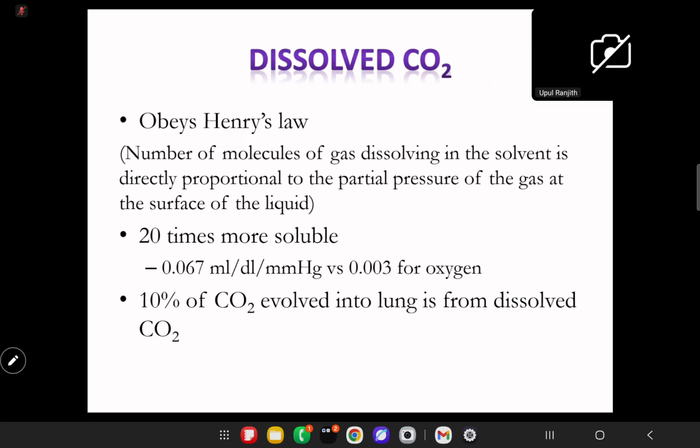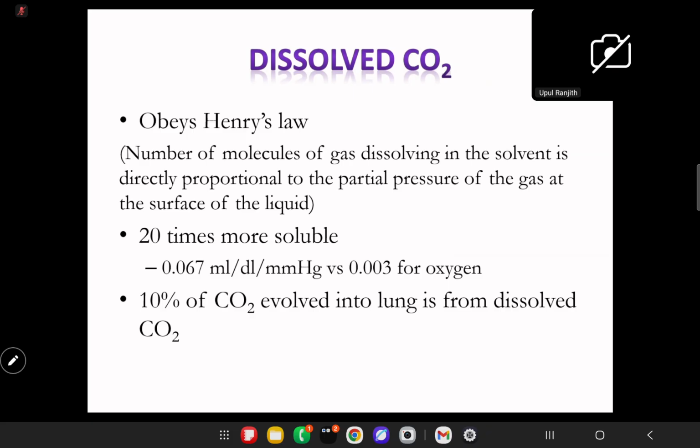The number of molecules of a gas dissolving in the solvent is directly proportional to the partial pressure of the gas at the surface of the liquid. So that is Henry's law. So the dissolving of carbon dioxide will obey this law.